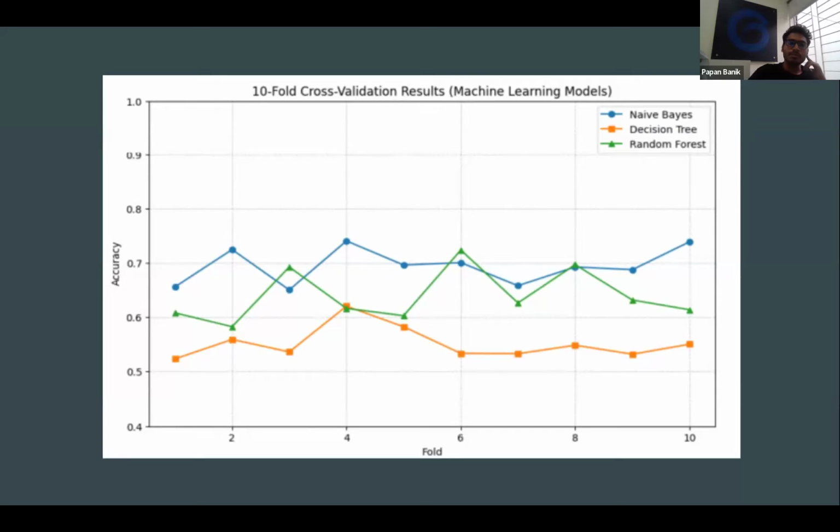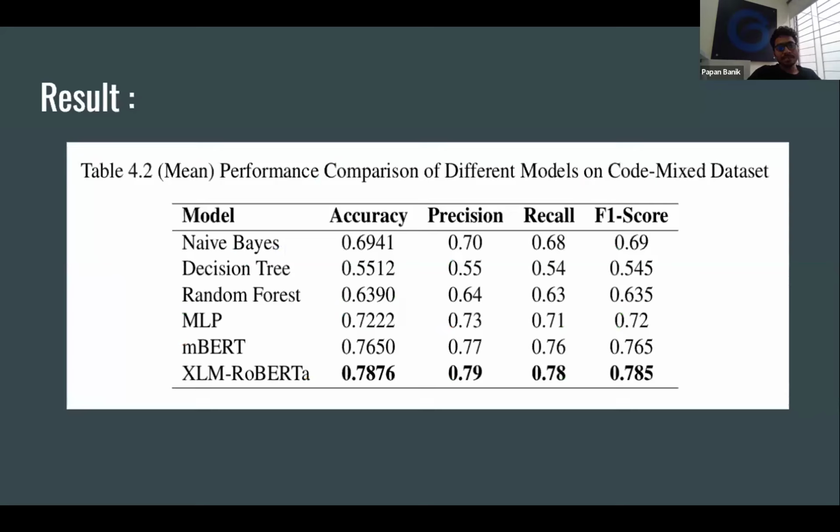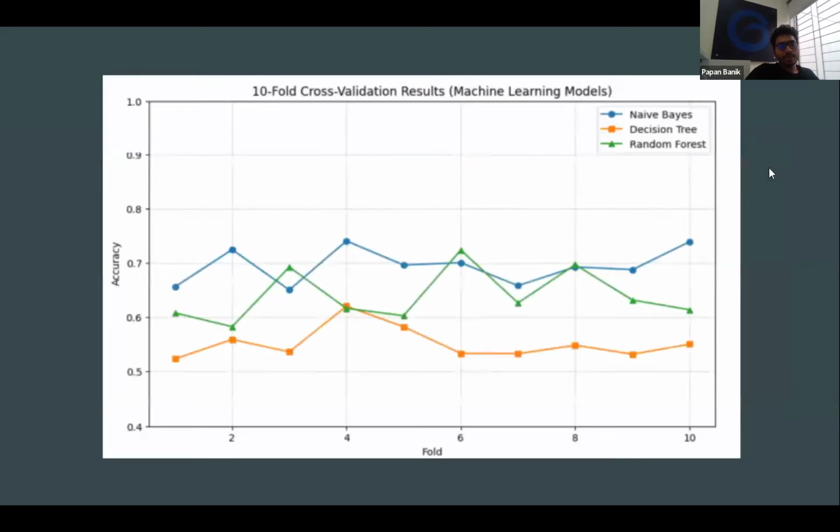So here is the tenfold cross validation result. I mentioned in my earlier results that Naive Bayes, decision tree, and random forest accuracy is a bit low. But here the cross validation result is something like this. The first validation result is a bit low, but after that the result increases a bit.